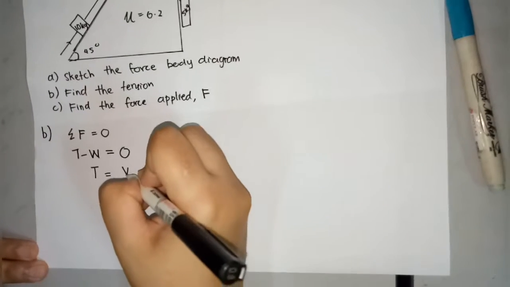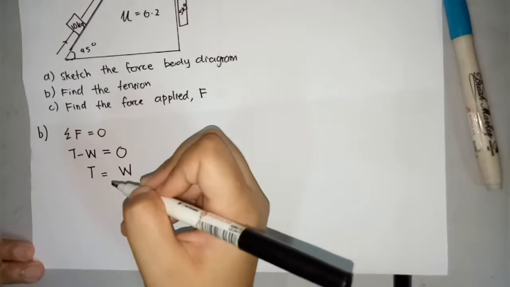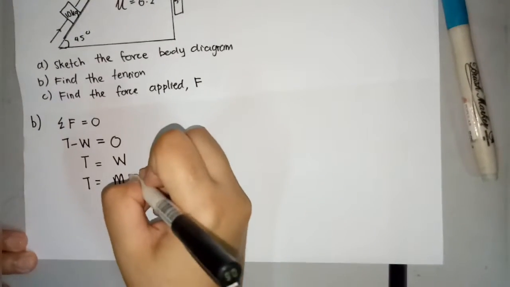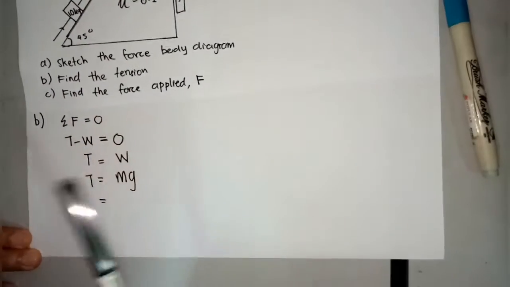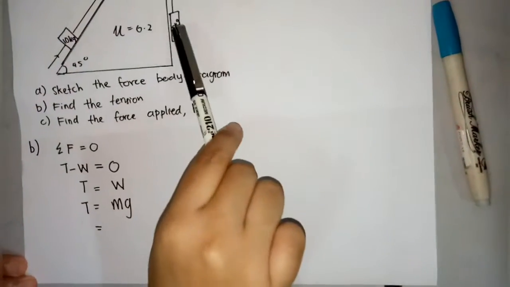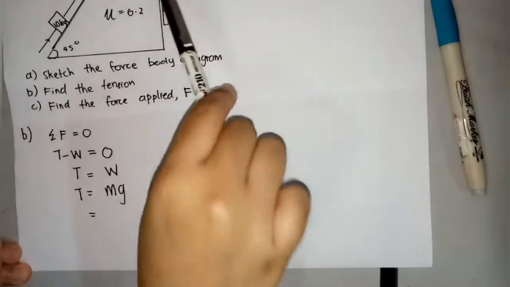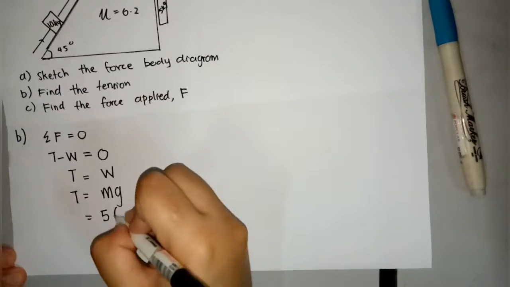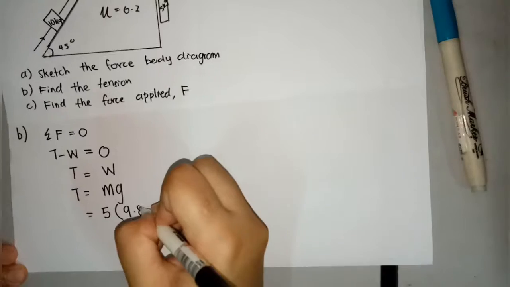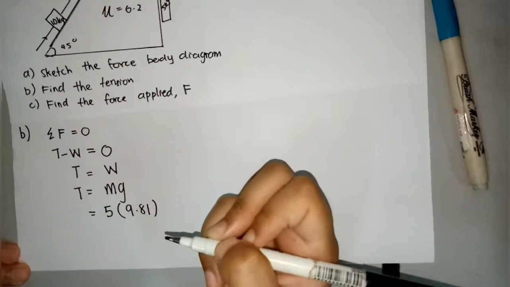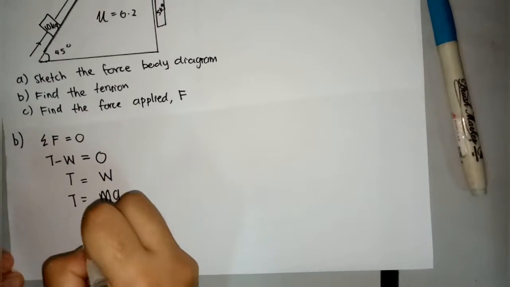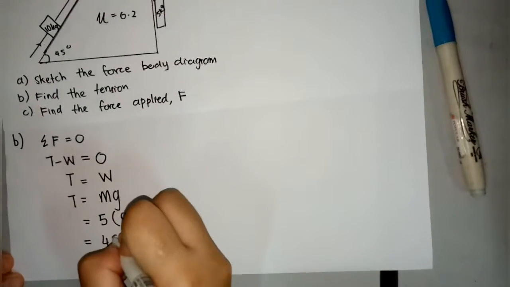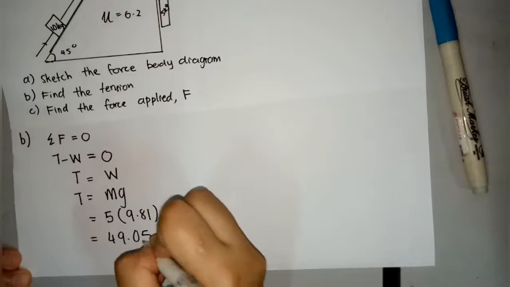T is the same as weight. Weight is mg, where m is 5 and g is 9.81, as it is gravity. So the total is 49.05.